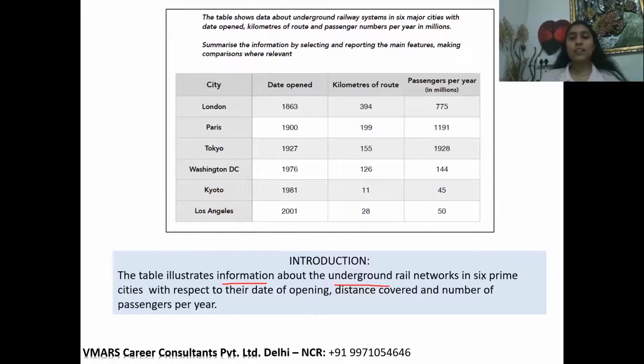Rail networks in six major cities, with respect to what? With respect to their date of opening, distance covered, and number of passengers per year. I just twisted it. Okay, we can also make a next line. I want Arunima to tell me which line I can make here.